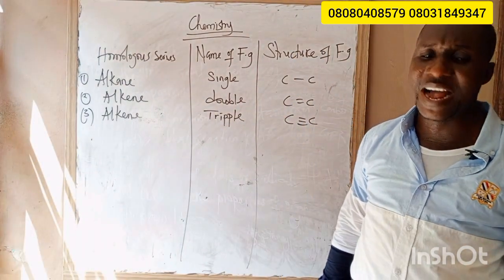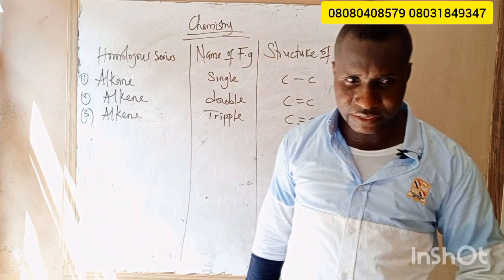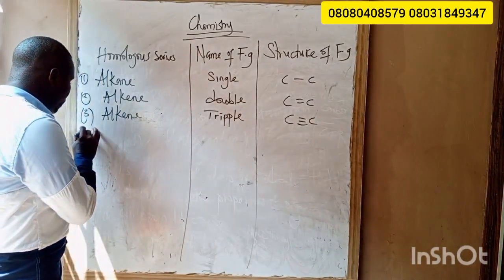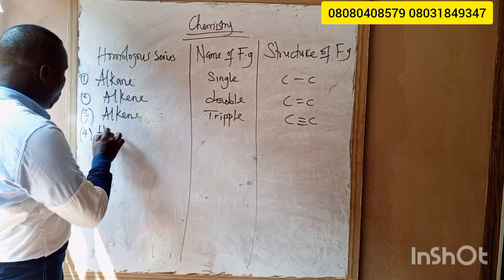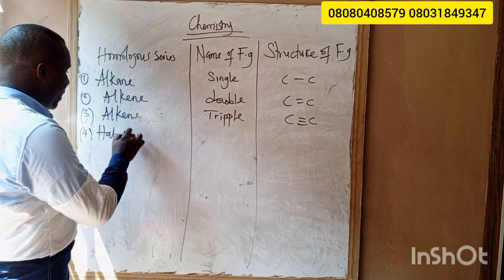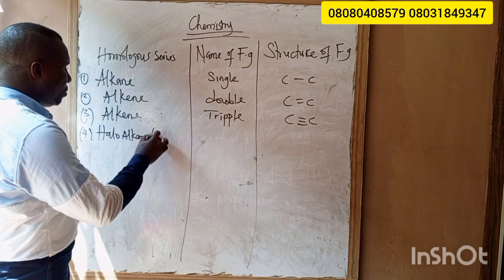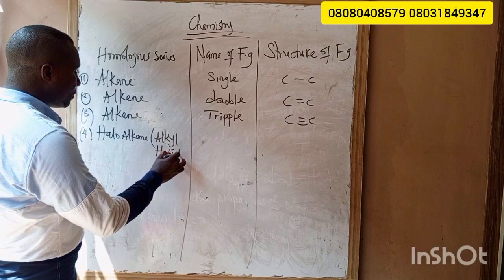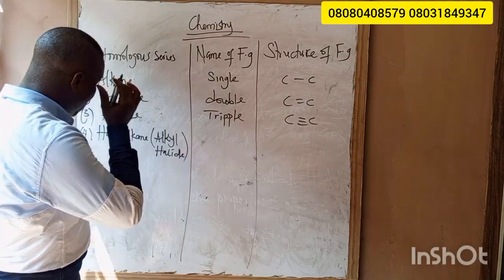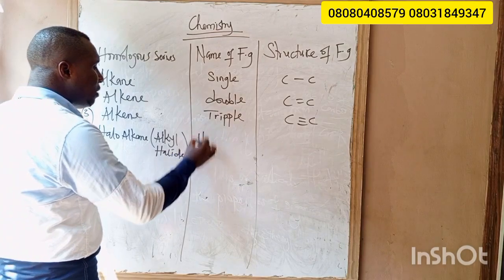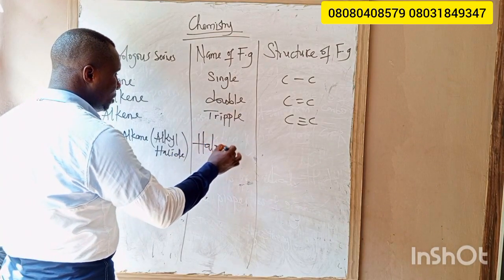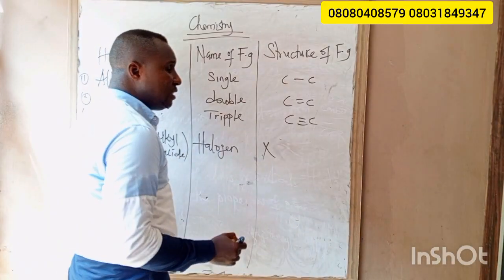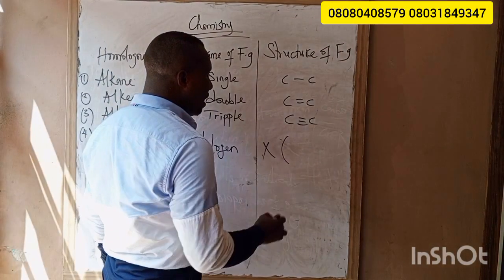We have haloalkane, that means alkyl halide, number four. Haloalkane is also known as alkyl halide. The name of the functional group is halogen. The symbol is X, and X means the halogen family, which are what?